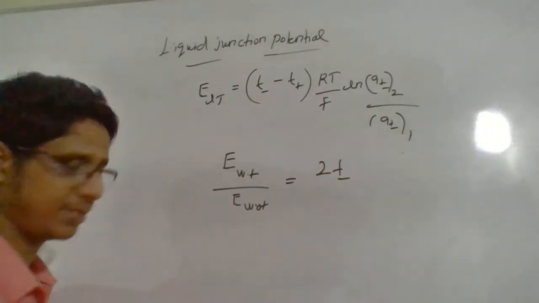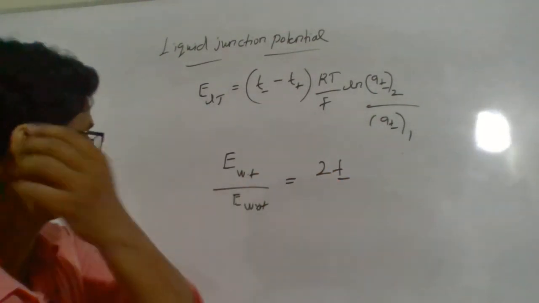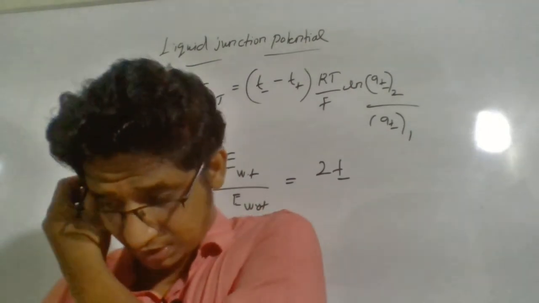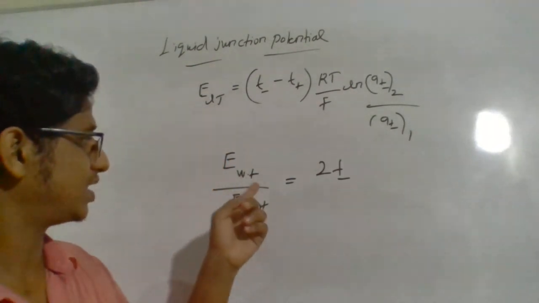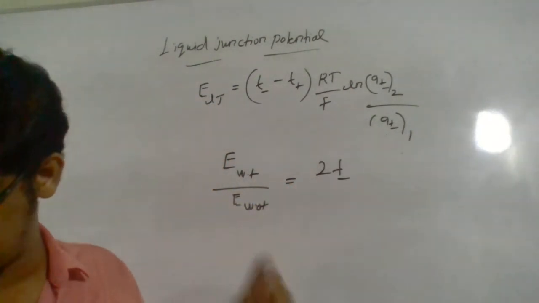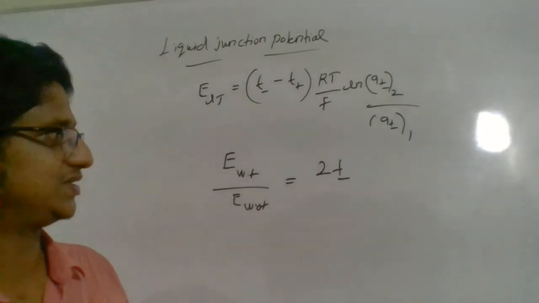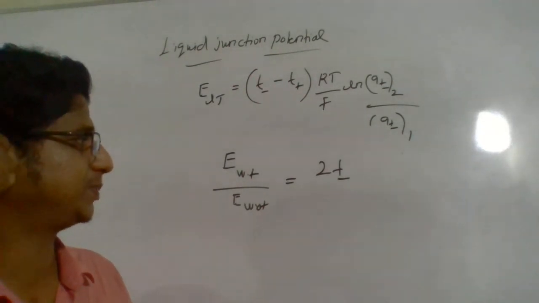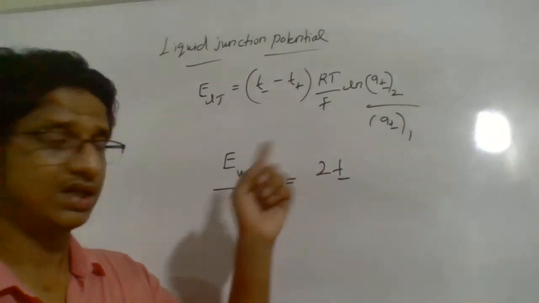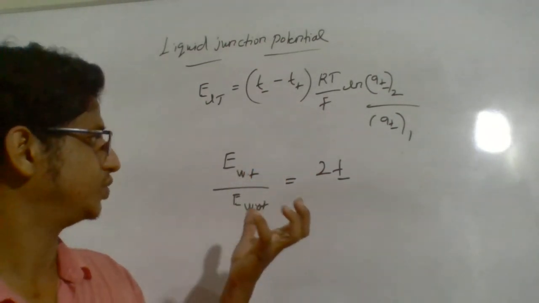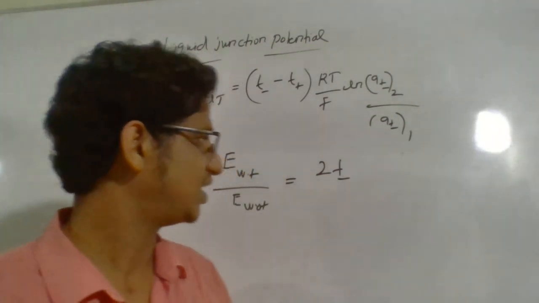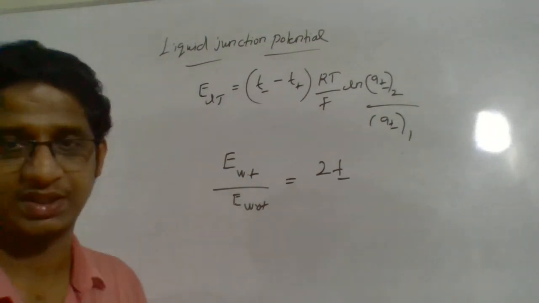Please remember that we already have this equation. So E with transference will be equal to 2t- times E without transference. Just remember that, because you need it for calculation purposes. When you take the ratio of E with transference to E without transference, it will be equal to 2t-. You can remember that.